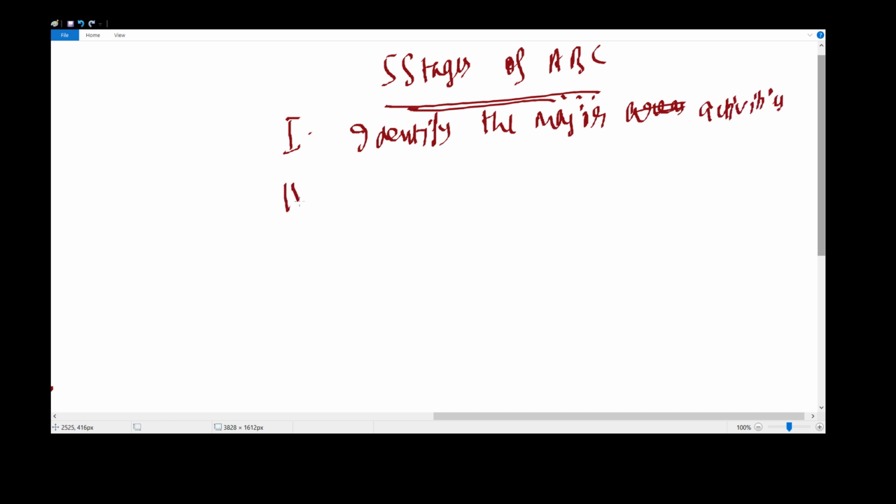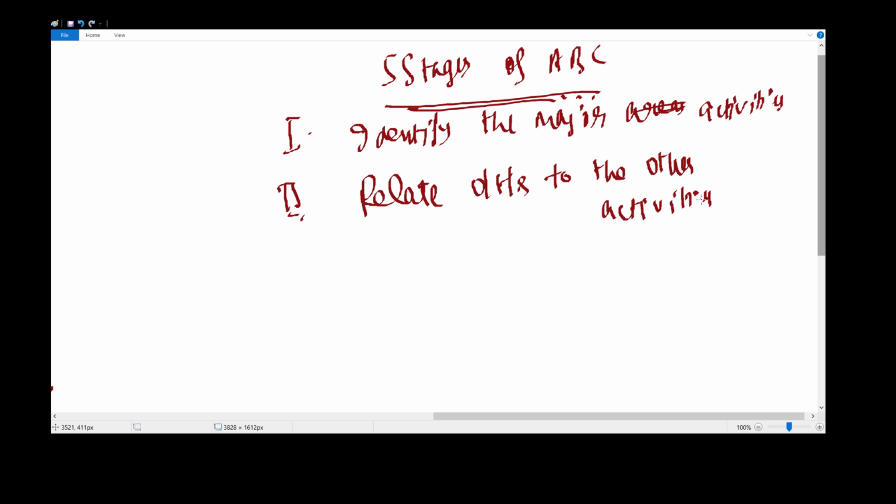The second stage is relate overheads to the activities, that is any type of cost pools.